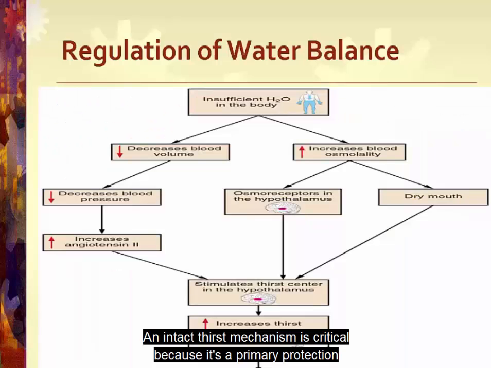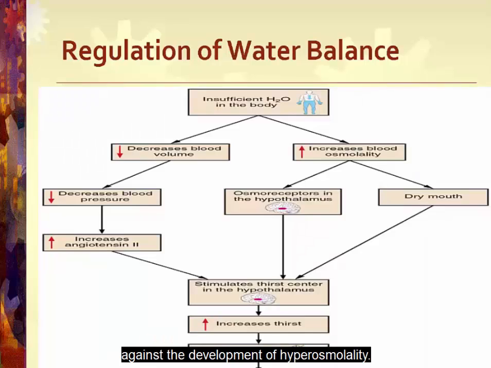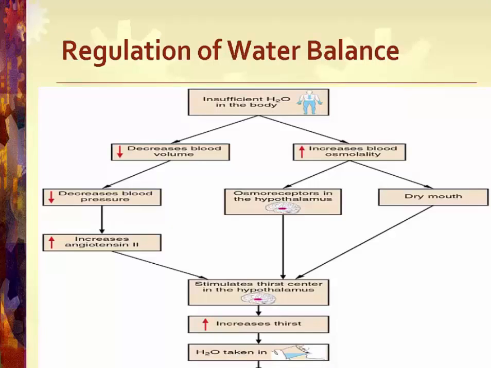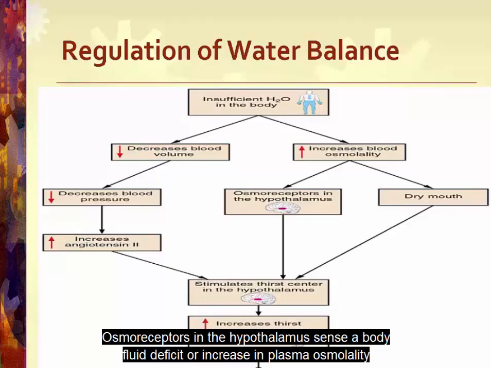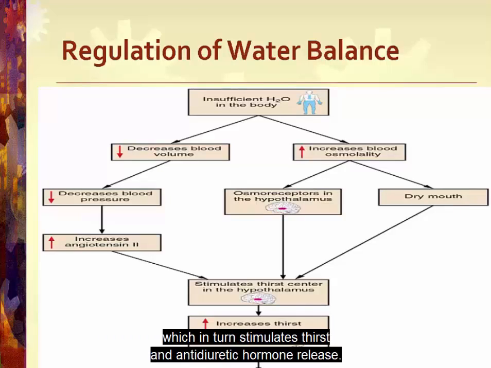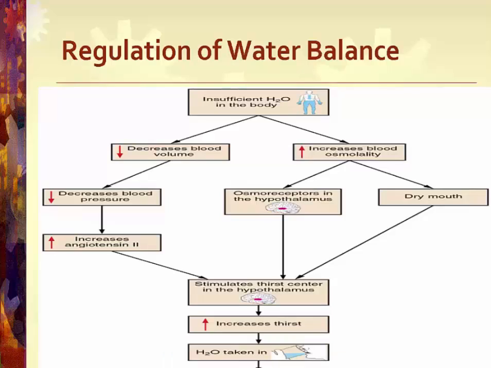An intact thirst mechanism is critical because it's a primary protection against the development of hyperosmolality. Osmoreceptors in the hypothalamus sense a body fluid deficit or increase in plasma osmolality, which in turn stimulates thirst and antidiuretic hormone release. Thirst causes the patient to drink water.